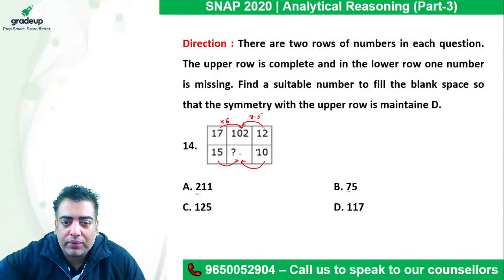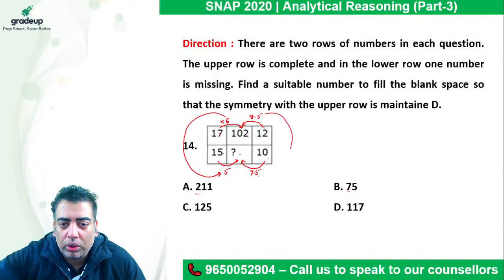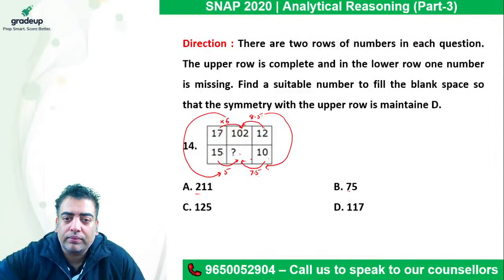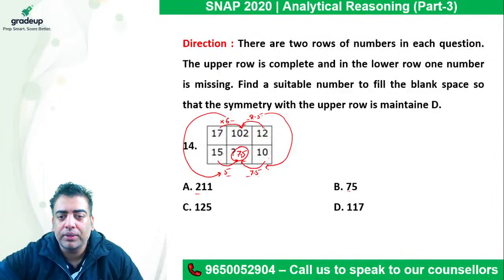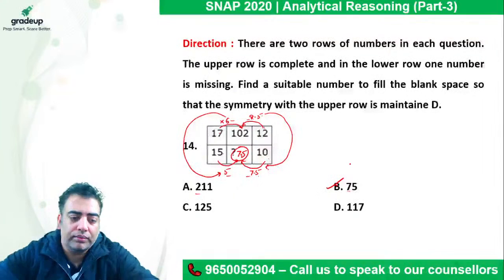If we keep 75 here, so 15 times 5 is 75 and 10 times 7.5 is 75. So here we can observe that this value reduced by 1 and this value also reduced by 1. Or we can say the difference between the multiplying factors is 2.5 in both the cases. So this number must be 75, which is the correct answer.